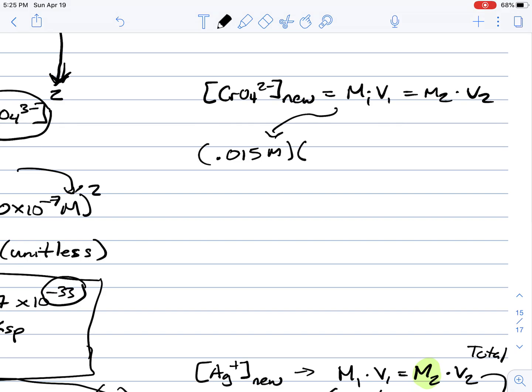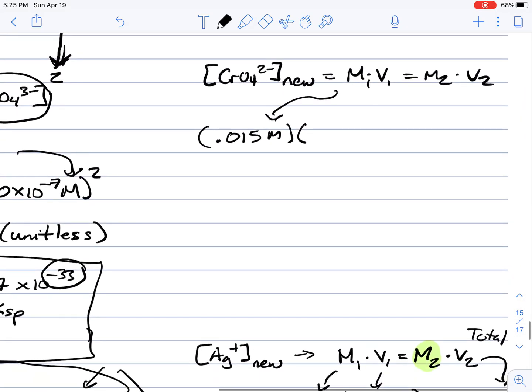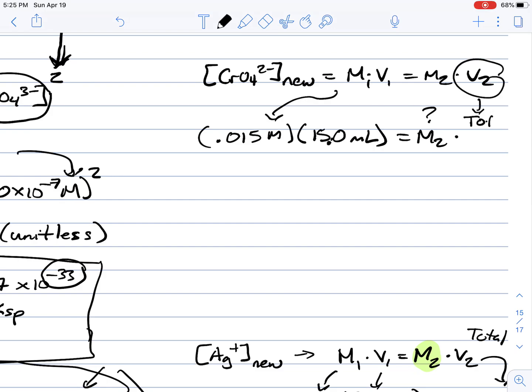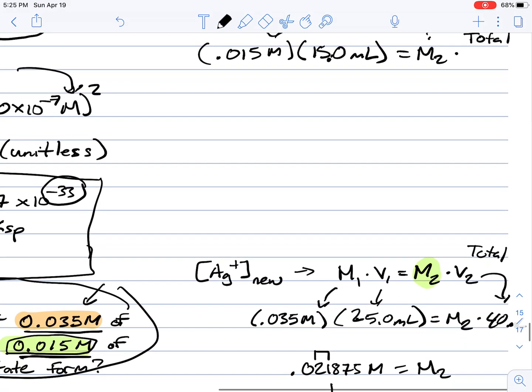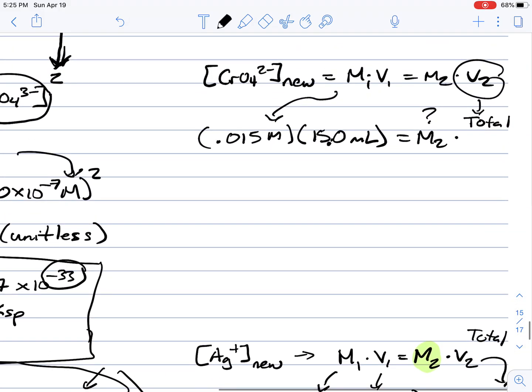And then I'm going to multiply this by the original volume, which is 15 mL. And then I'm going to solve for M2, and the total volume is the same as the previous one. It's just the sum of 25 and 15, which is going to give me 40. And so I'm going to solve for M2 by dividing by 40.